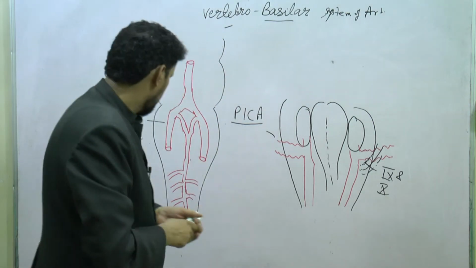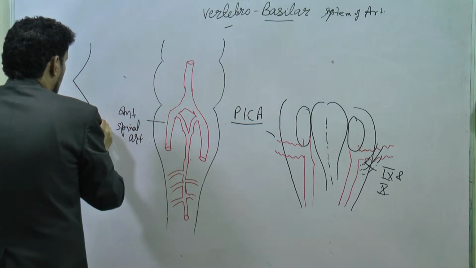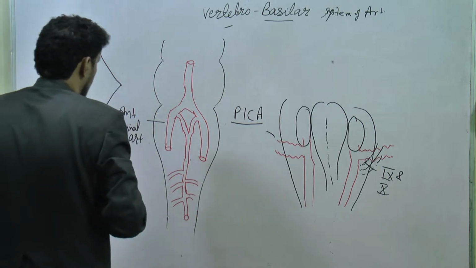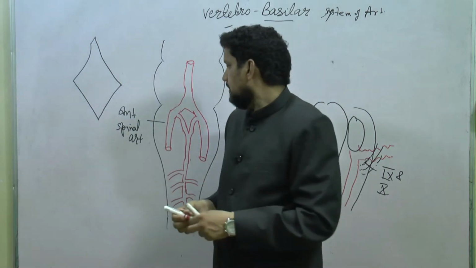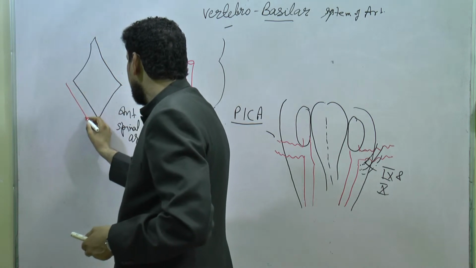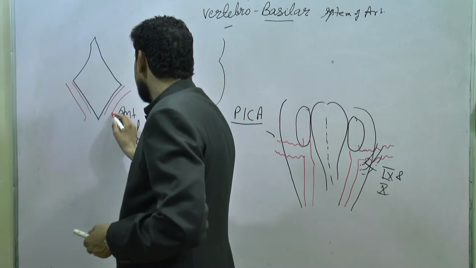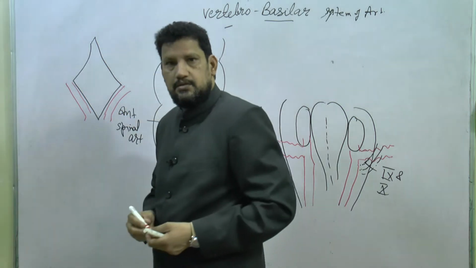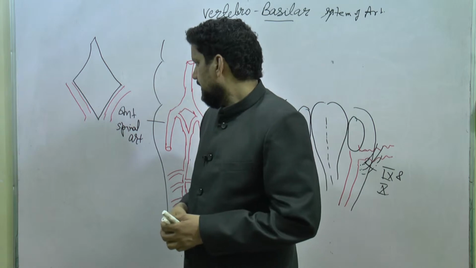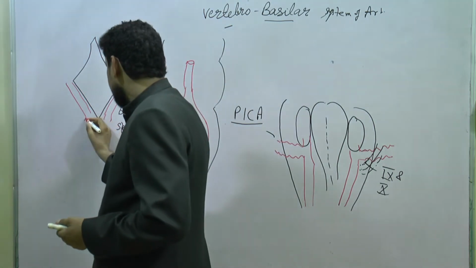Reaching up to the lateral angles of the fourth ventricle, then descending downwards on the inferior-lateral border of the fourth ventricle, and approaching the inferior surface of the cerebellar hemisphere near the vermis.